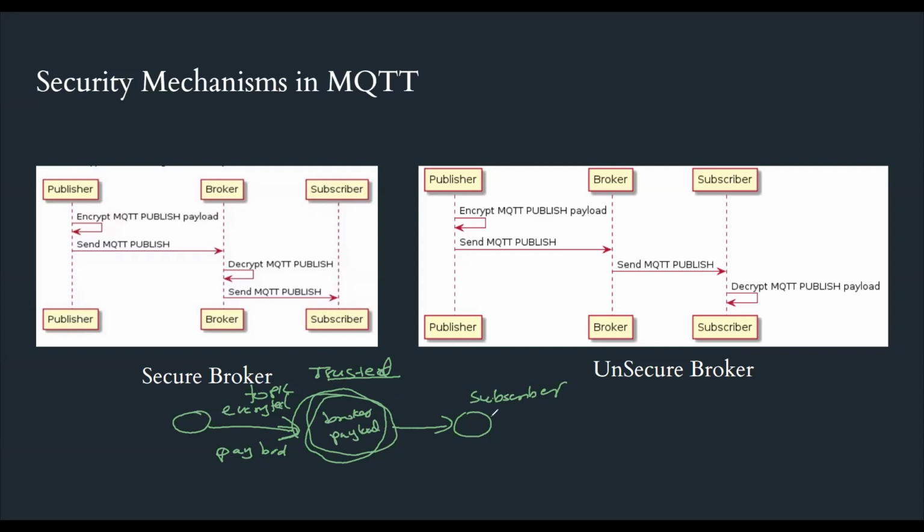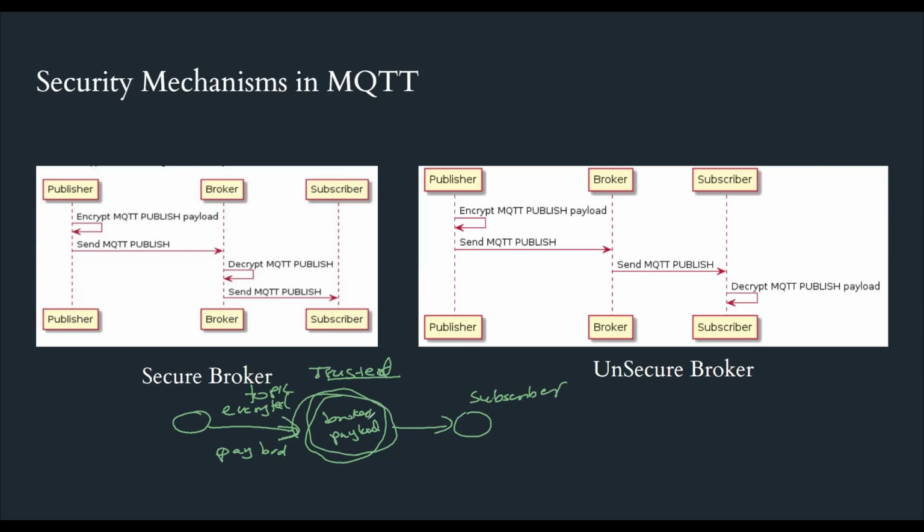Since the broker is trusted, the data will be sent to the subscriber in a trustful manner, and we can consider that it is a secure scenario. But in a situation where we use a public broker, the public broker might not be secure.